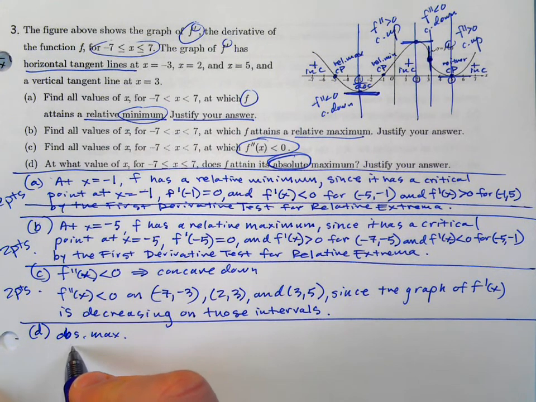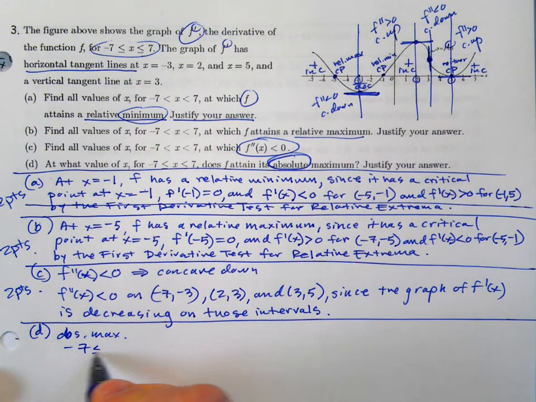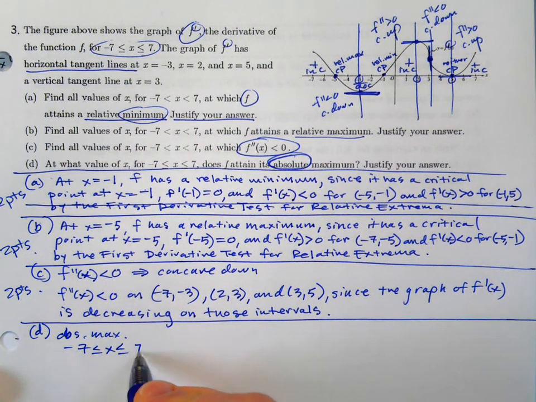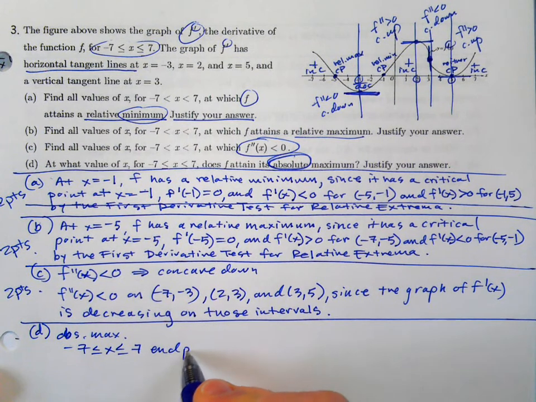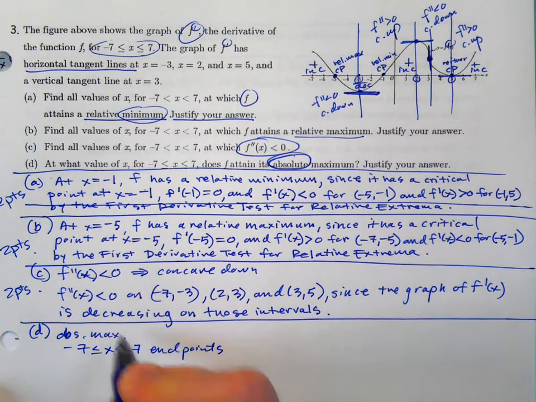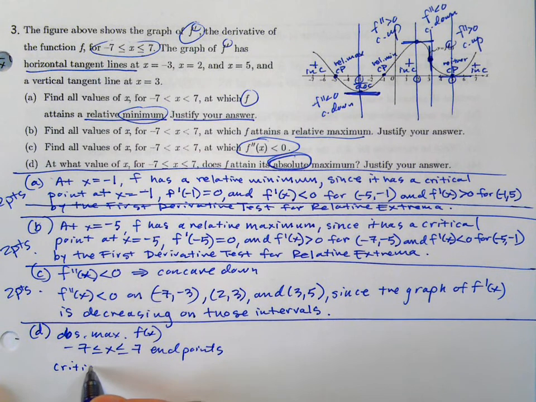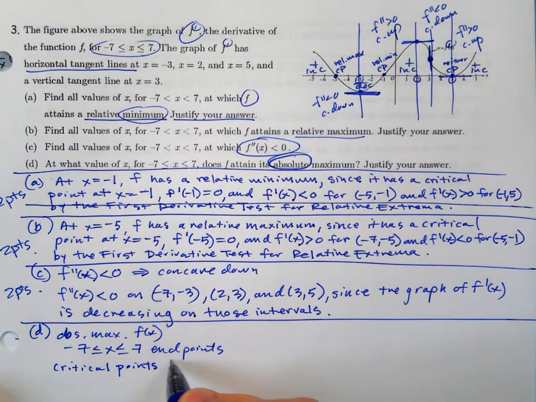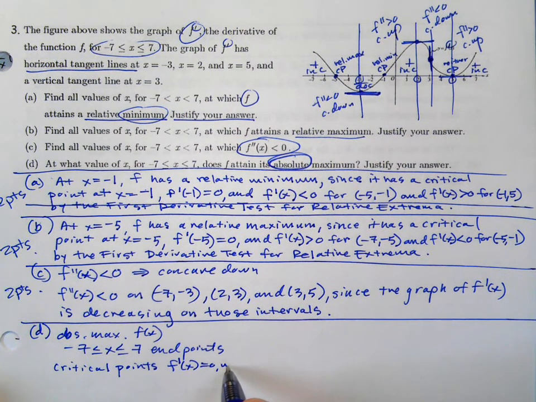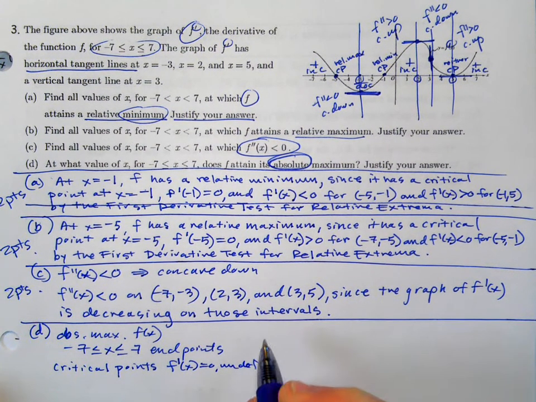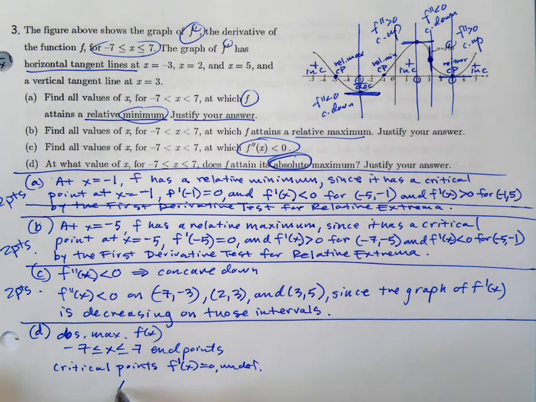You want endpoints, which you are given. You want critical points, which is going to be when f prime is equal to 0 or undefined. And we already identified those earlier. That's x equals -5, -1, and 3.